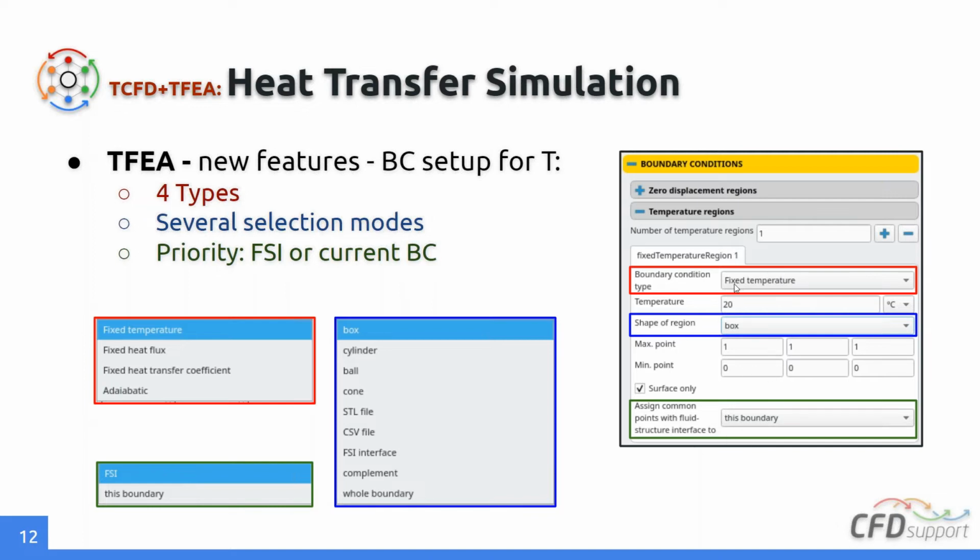This means that if I choose this boundary, the fixed temperature will be prescribed everywhere, or there is also the FSI option, which means the intersected FSI area will be kept for the FSI mapping. So basically it covers all the options to set the boundary conditions.